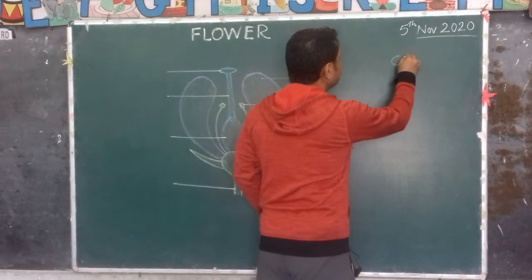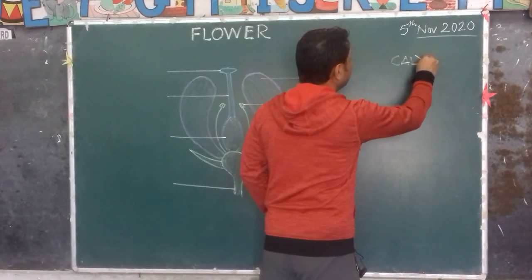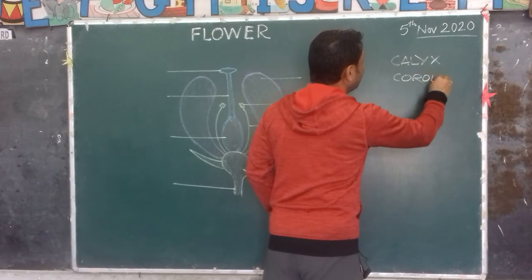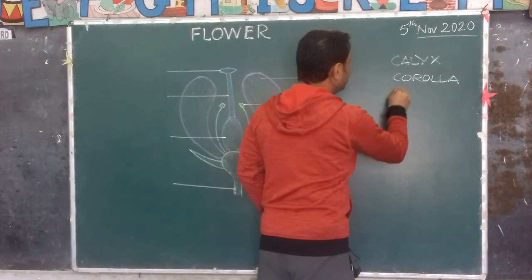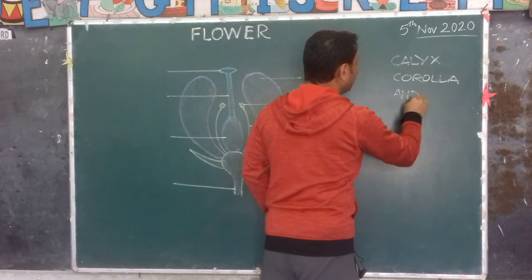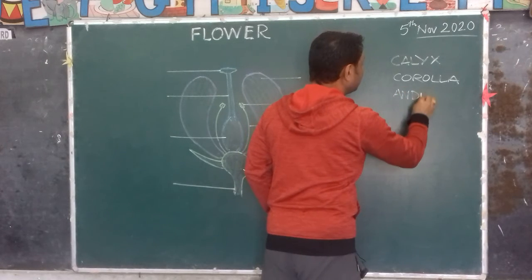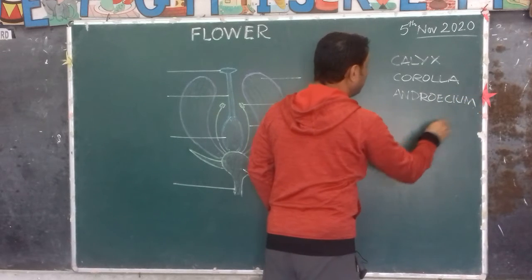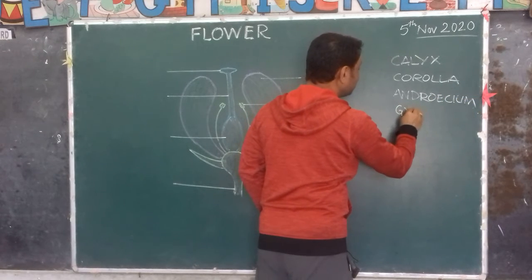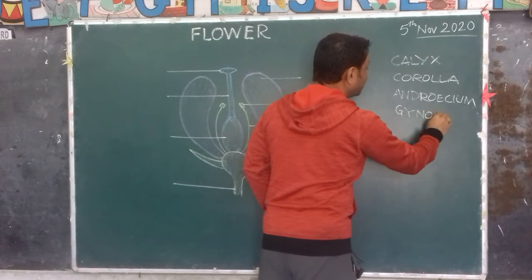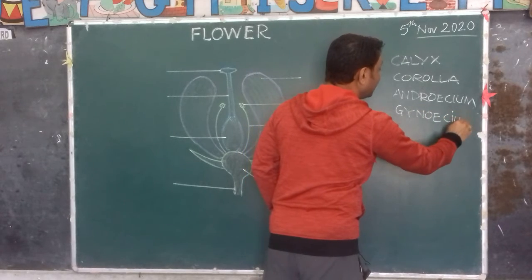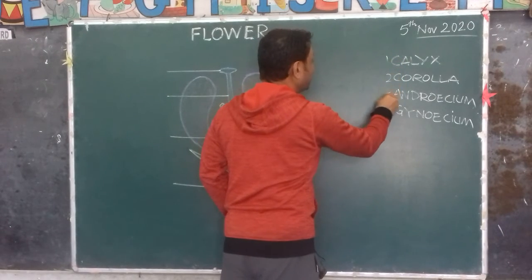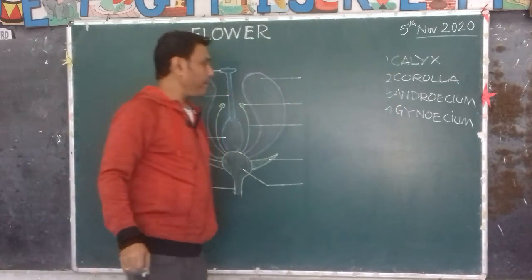The calyx, the corolla, the androecium, and number 4, gynoecium. The calyx, the corolla, the androecium, and the gynoecium.